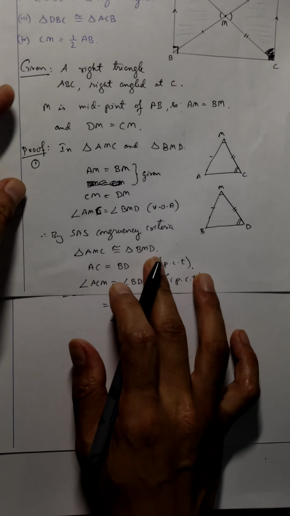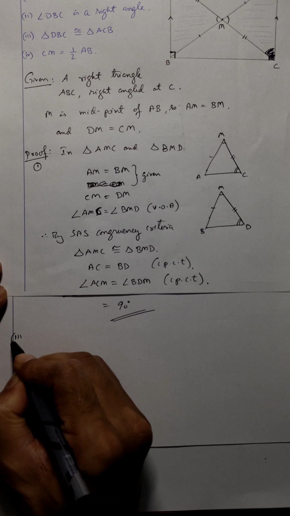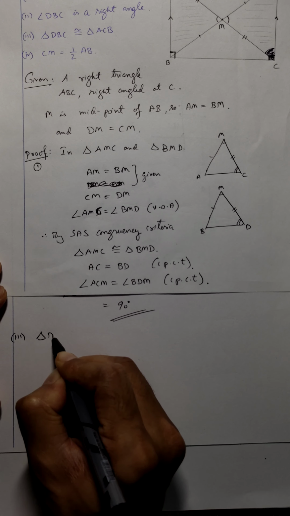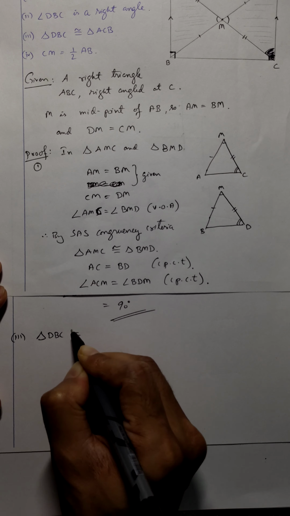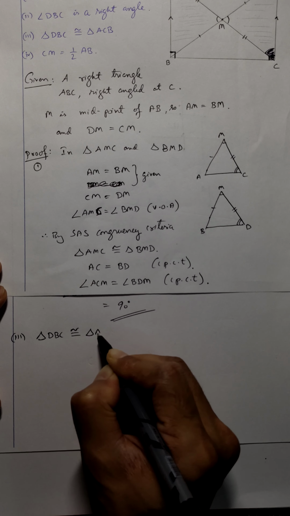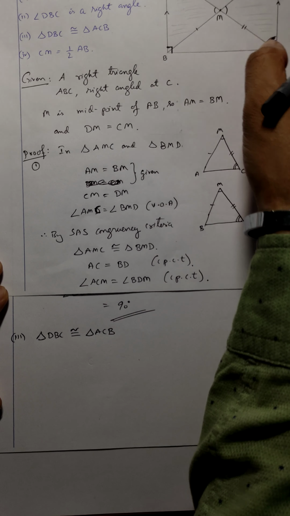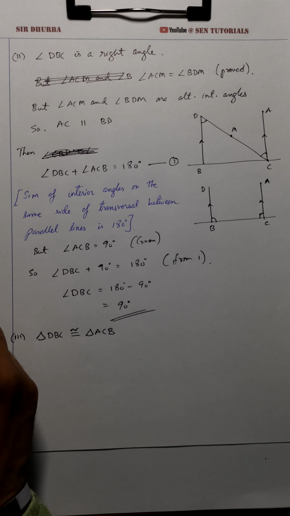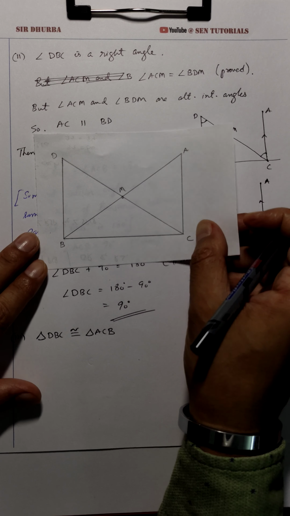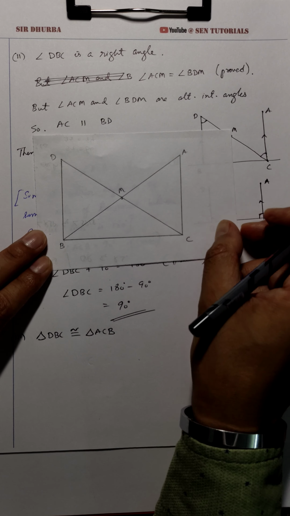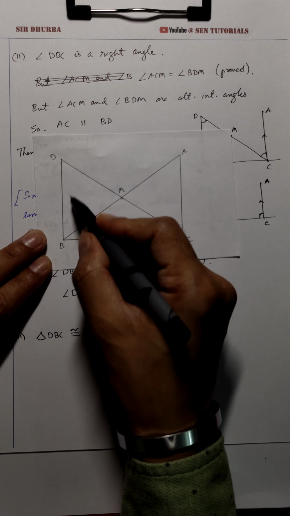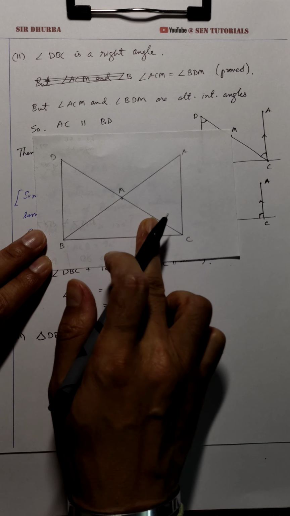Next, number 3, we have to prove that triangle DBC is congruent to triangle ACB. So I've just cut out. Next we have to prove that triangle DBC, this triangle.